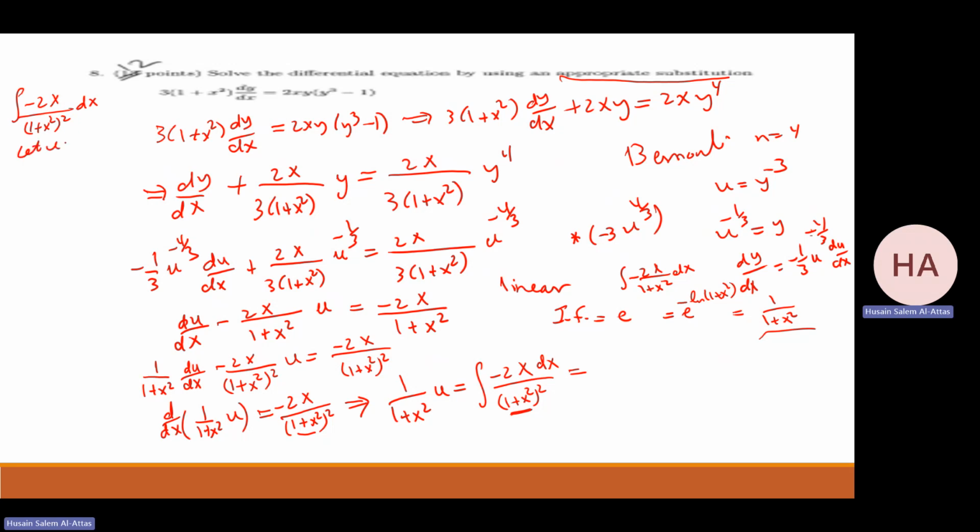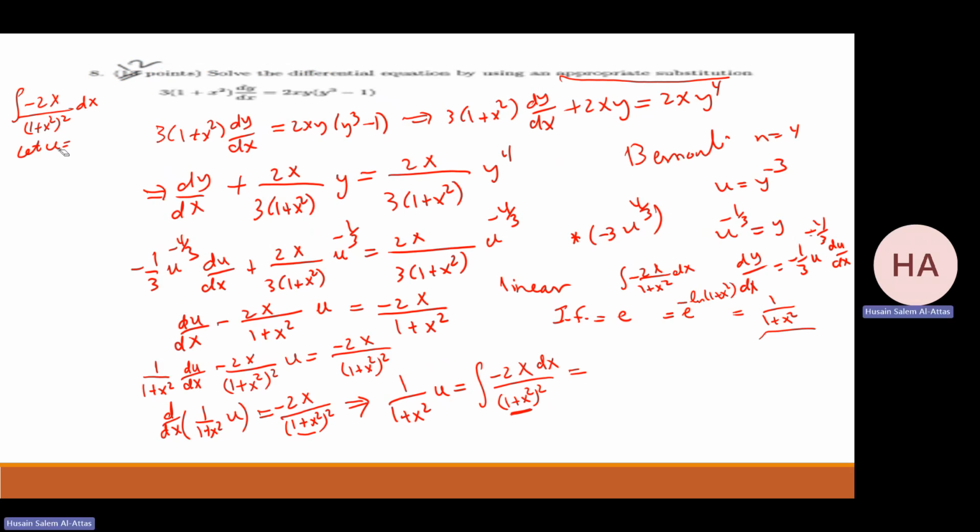Let u, not u, call it v, so as not to mix it with the other one. 1 plus x squared, dv will be 2x dx. So I have the integral of minus dv over v squared, which is minus v to the minus 2, giving me 1 over v. That gives me 1 over 1 plus x squared plus c.